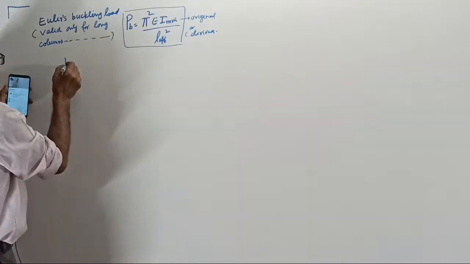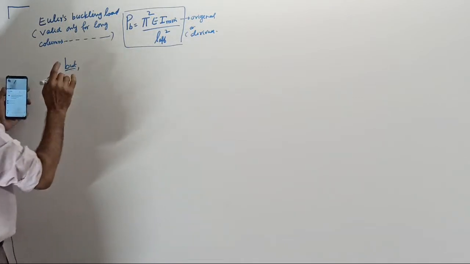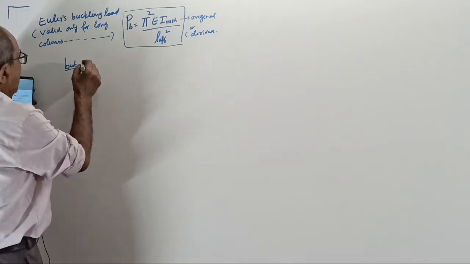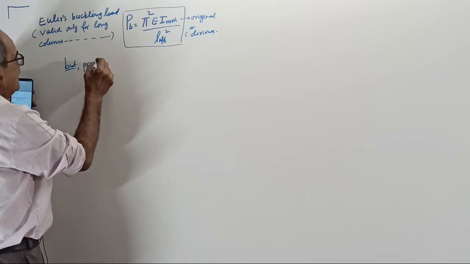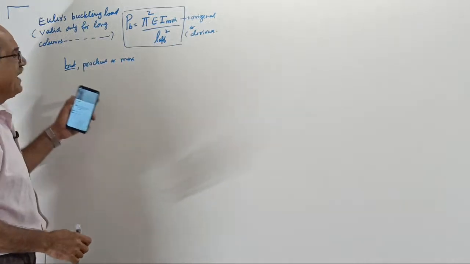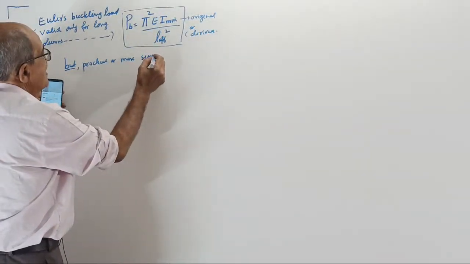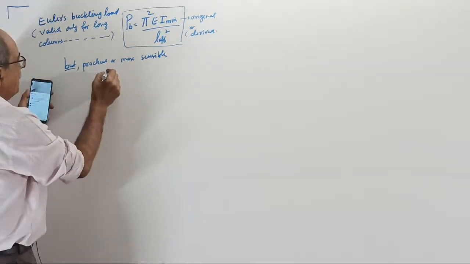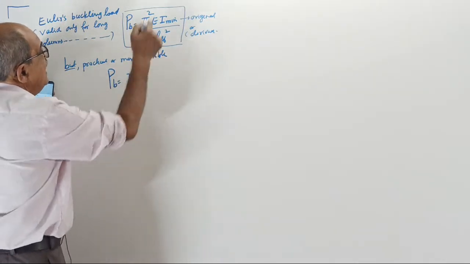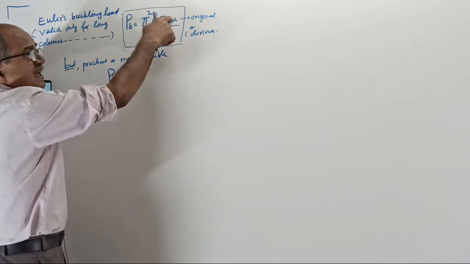But a more practical, more sensible form is buckling load PB equal to pi square E. All you have to do is replace I minimum by A R square.